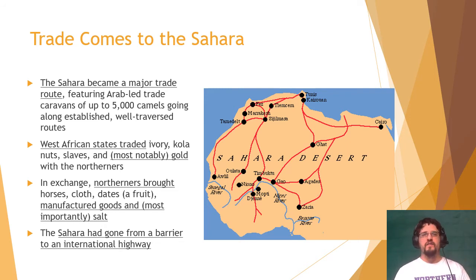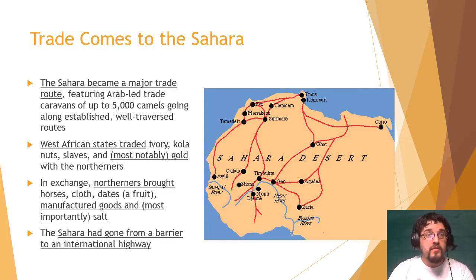West Africa is going to trade, yes, all the stuff on that list: ivory, cola nuts, not a huge amount of slaves, but a notable amount of slaves, which we will discuss more in future really depressing lessons.